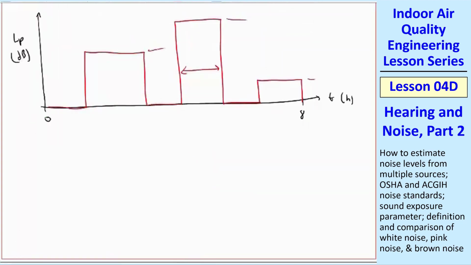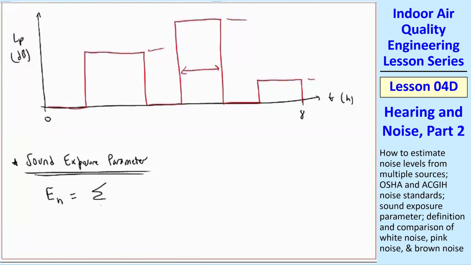Well, OSHA defines a sound exposure parameter, and this is very similar to what we defined previously for gases. In fact, they even used the same notation, En, the sound exposure parameter, defined as sigma of Tj over Tj permitted. J here is not the number of sources, it's the number of time periods. So in this case, you'd have 3 different time periods where you're exposed to some noise.